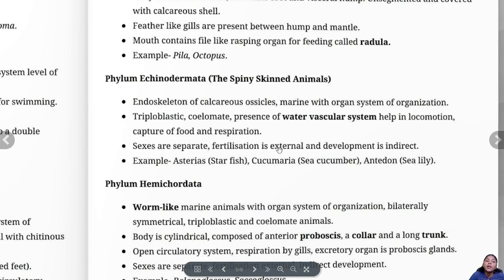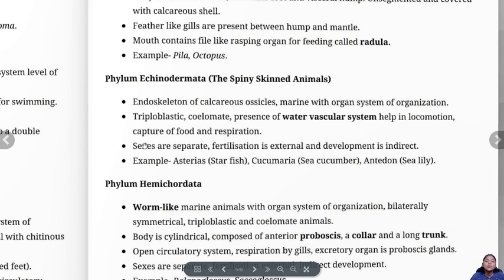So these have the endoskeleton which is calcareous again, and these are also marine and they have organ system level of organization. Now these Echinodermata are also triploblastic coelomate, and there is a presence of water vascular system which helps in locomotion, capture of food and the respiration.